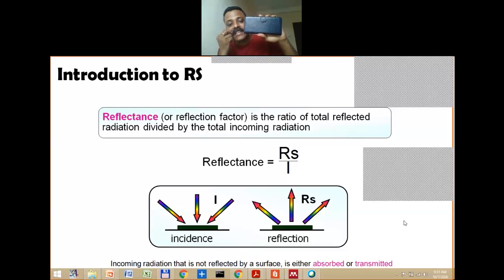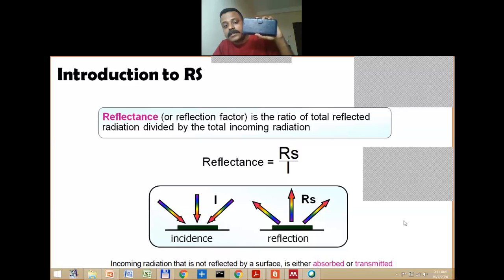On that particular area, I will look into how much energy is falling in terms of light energy. Then, because of the property of this object, it is absorbing a certain amount of energy or light, and at the same time it is reflecting back a certain amount of energy or light.